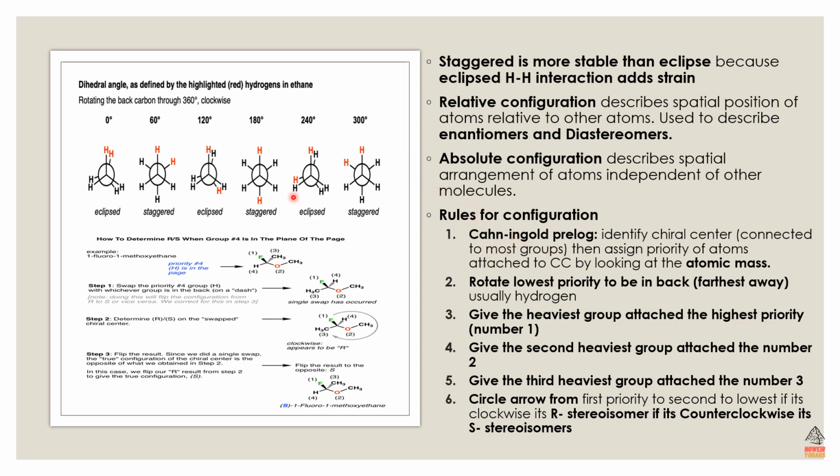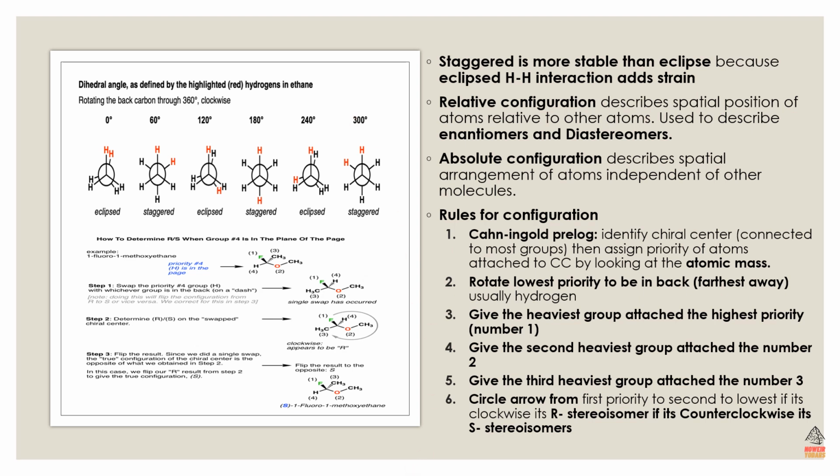You identify the chiral center, the chiral carbon, which is connected to most groups, and then assign priority to the atoms attached to the chiral center by looking at the atomic mass. You rotate the lowest priority to be in the back, the farthest back.